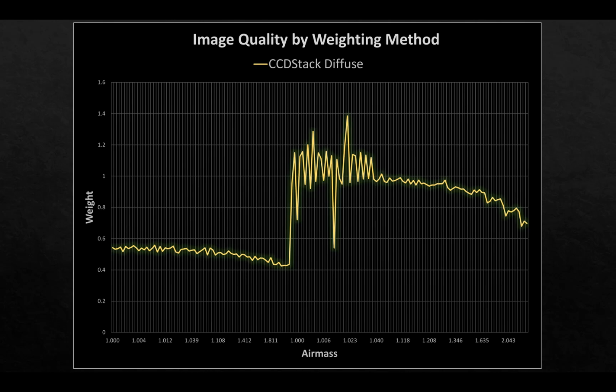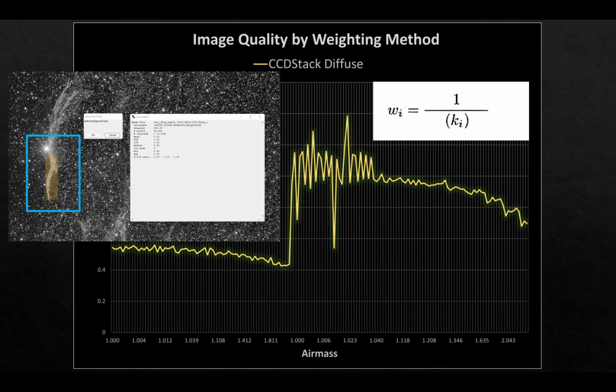CCD Stack, years and years ago, had its own rudimentary method of weighting images. The way that it worked is that you would draw a little box around some diffuse signal, some diffuse nebulous thing in the image, and you also draw a box around sky-like values, and from that it would calculate a scaling factor.